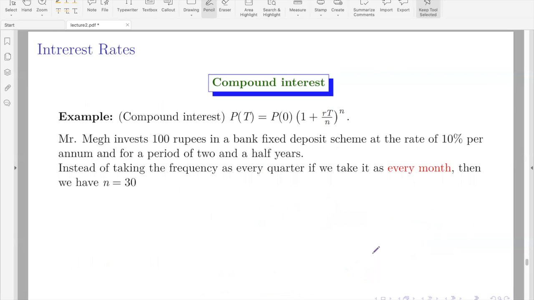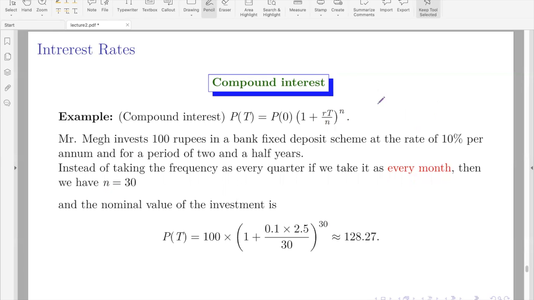Now, instead of paying every quarter, if the bank pays every month, okay, then what happens? You can see that in 2.5 years, then the bank will pay 30 times the interest, right? So therefore, the interest per period is now 0.1 into 2.5 divided by, now it is 30, okay, and then to the power of 30.